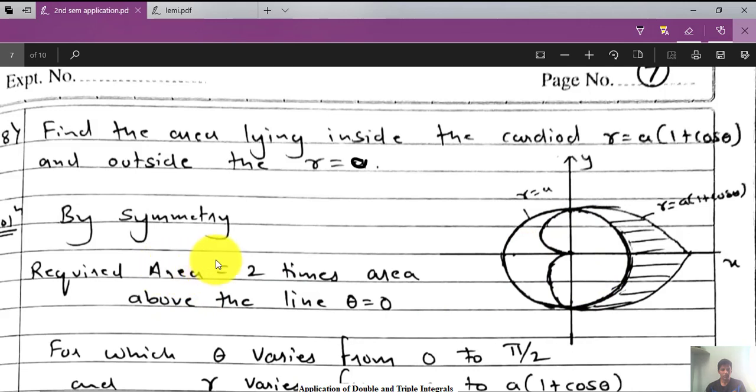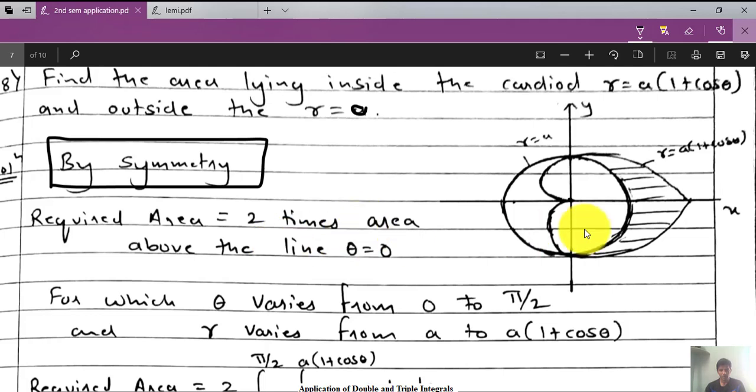Now when I draw this figure, the required area, by symmetry, is 2 times the area along theta. Theta is 0 over here.